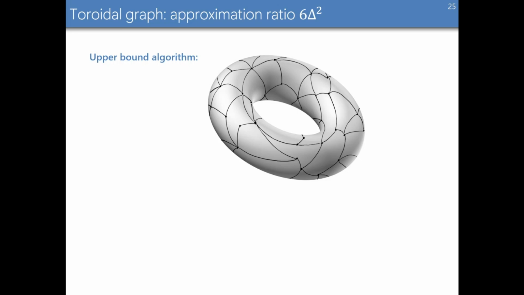It looks for precisely the dual edge width, which visually means it looks for a non-separating cycle on that surface which cuts as few edges as possible. For example, it could be this red cycle here, and this only cuts a few edges. Like if I would go over here, I would cross over more edges, and I look for that cycle that crosses the least number of edges.